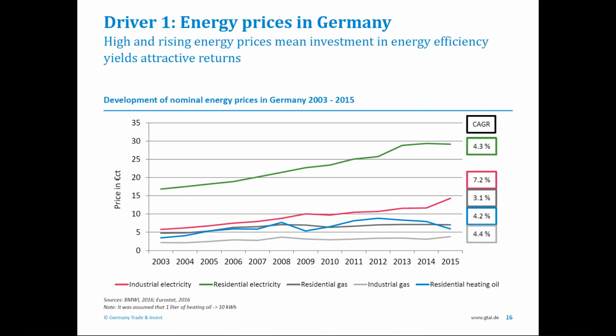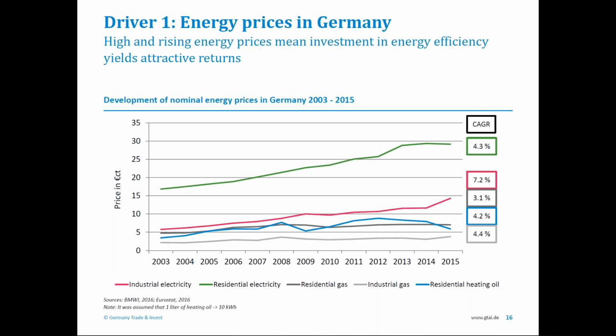In Germany, it's important to distinguish between residential and industrial electricity prices. These are grid prices. I'll talk about the difference between the two in a moment, but for now you can see the development of the price of electricity for German households here in green. We're currently at around 29 euro cents per kilowatt hour.